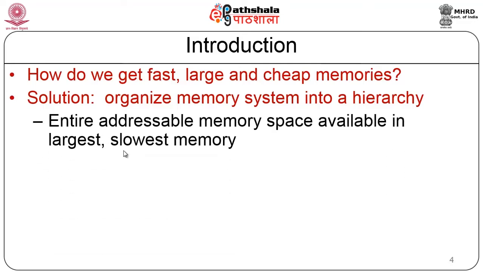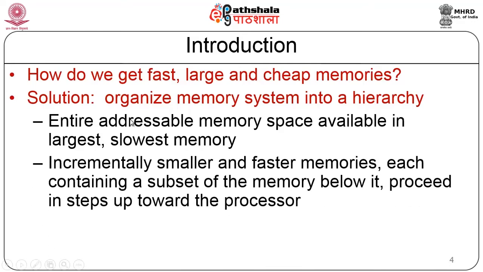The solution is organizing the memory system into a hierarchy. We go into a hierarchical memory system where each memory in each level of the hierarchy satisfies some requirement. The entire addressable memory space is available in the largest and the slowest memory, which is the outermost memory, and then you have incrementally smaller and faster memories, each containing a subset of the memory below it as you proceed towards the processor.